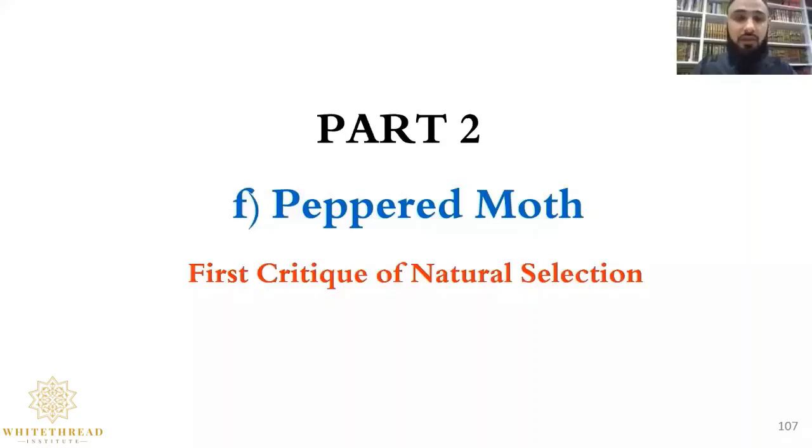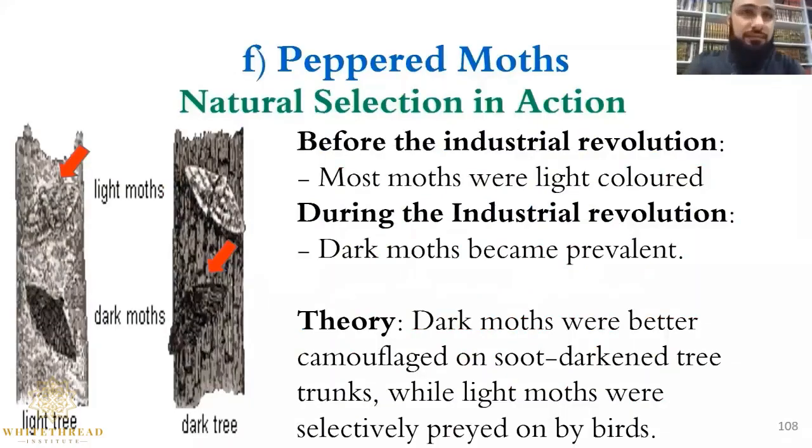So now I'm moving on to the first evidence used for this theory, which is peppered moths. In the UK, before the Industrial Revolution, there were more white moths on the trees than black moths.